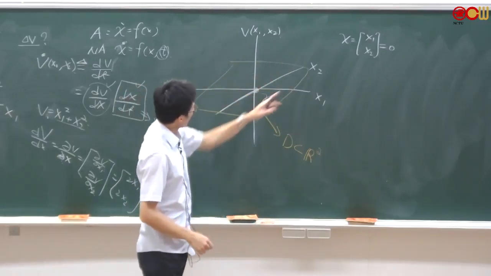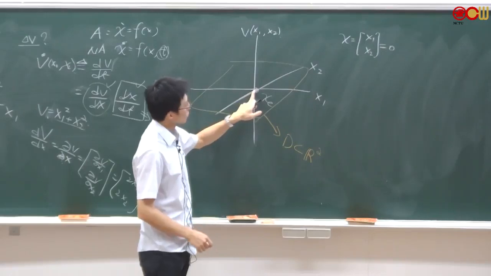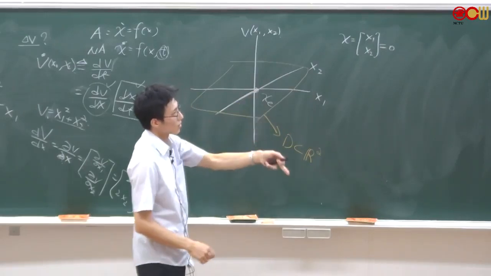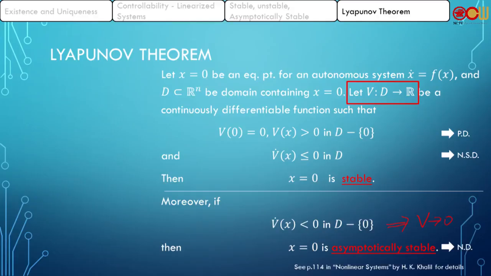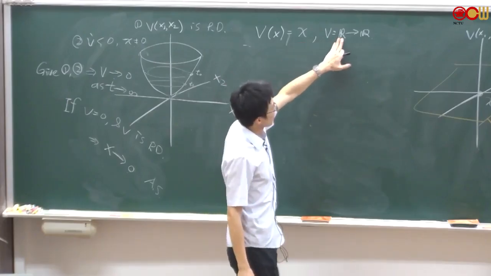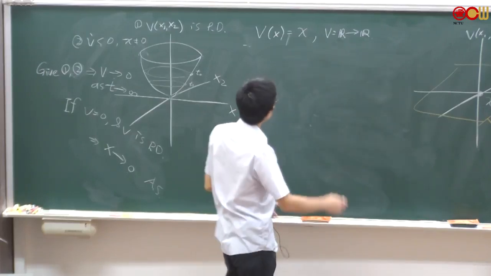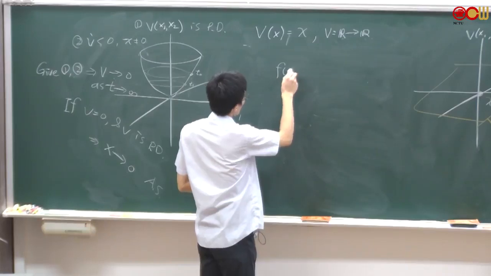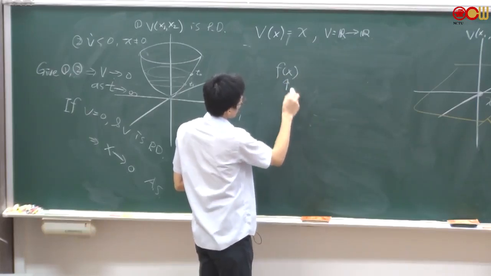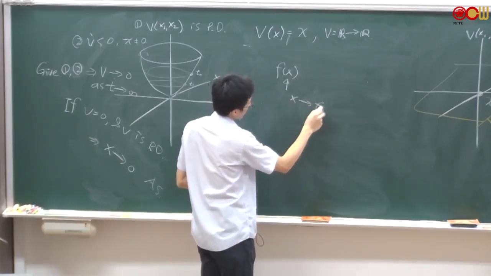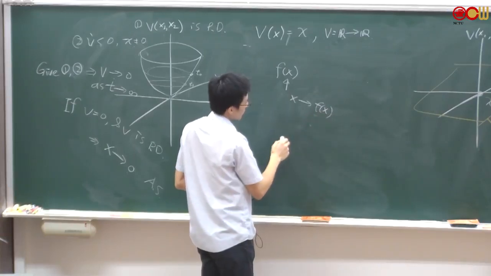And this domain D contains the origin xe. Then let a function V map from D to R. Mapping means you map an argument to the value of the function, like f(x). You map x to f(x), right?